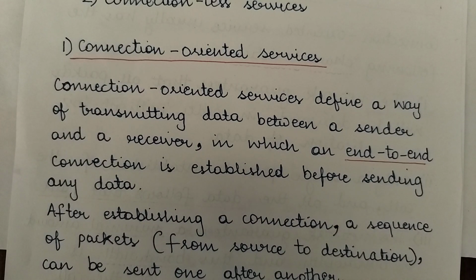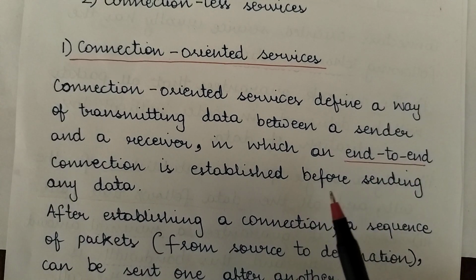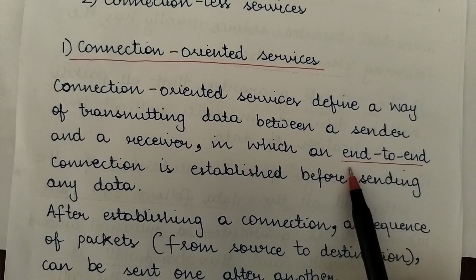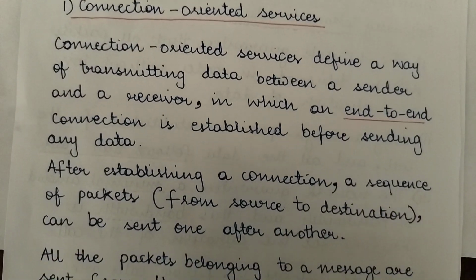From one end, the sender, to the other end, the receiver, the data is reliably and successfully transmitted, and that is taken care of in connection-oriented services. That is why they are known as end-to-end connection, because the connection is from one end to the other, from the sender to the receiver.